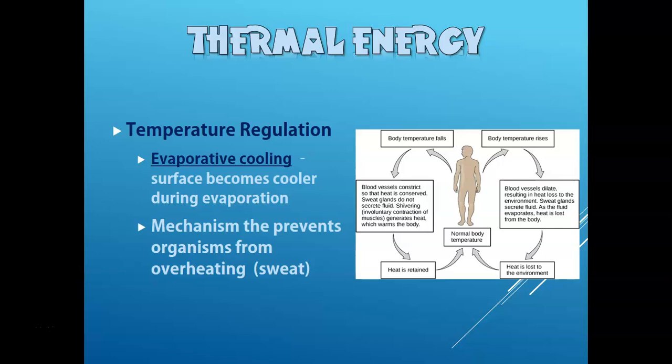Evaporative cooling happens when your body recognizes that you're getting warmer. It's going to dilate your blood vessels, get that blood as close to the surface as possible, and what do you do? You sweat. And those beads of sweat are mostly water, and they end up producing that water vapor on the surface of your skin.